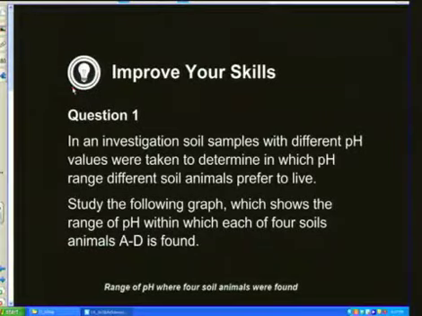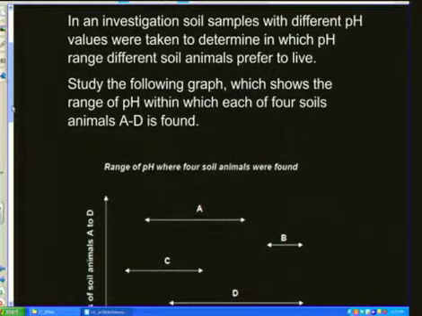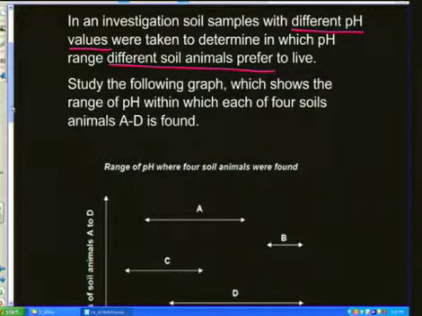In an investigation into soil samples, and we haven't done soil samples yet, so we'll go back and talk about them now, with different pH values. So soil samples with different pH values, that's important, were taken to determine which pH range different soil animals prefer. So in other words, animals like different pHs, okay?